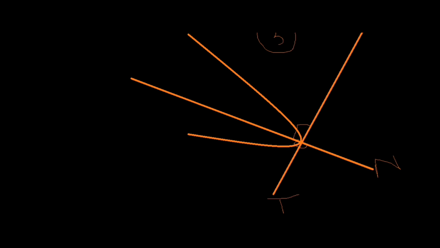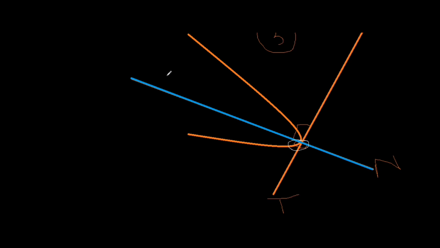If I look at example 3, and I realized I haven't actually colored this blue. There we go. Good. If I look at example 3, let's say I want to find the normal to this point here.